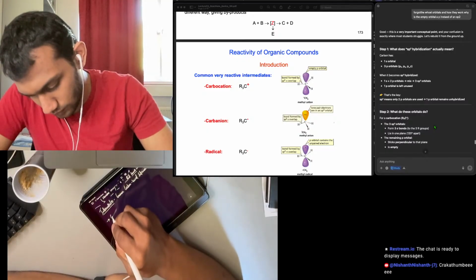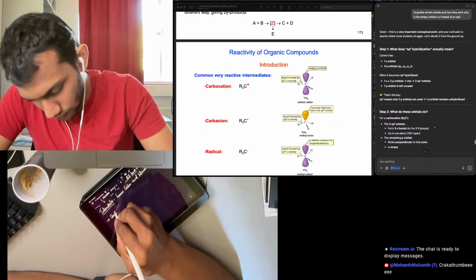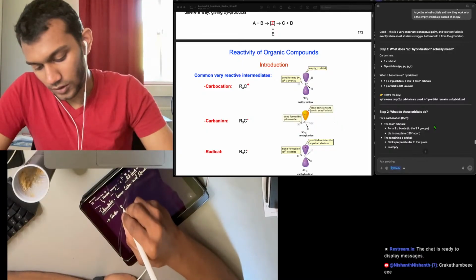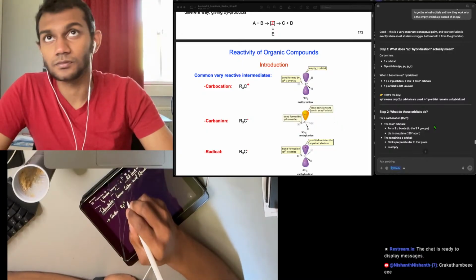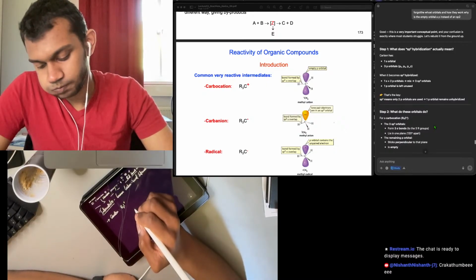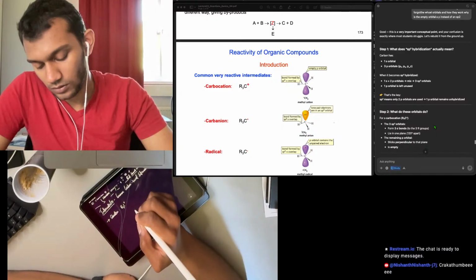Carbocation, R3C plus. What is that though?